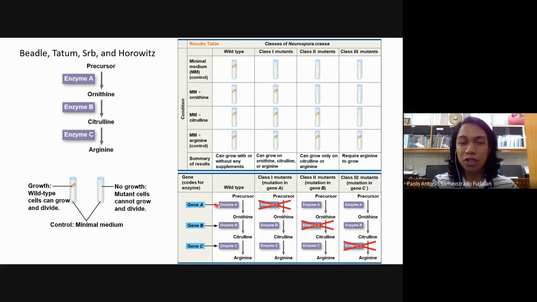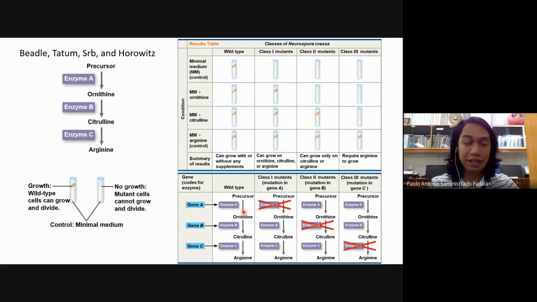And because those genes are destroyed, the enzyme, which is a protein that they're supposed to be making, is also not present in those mutants. So you can analyze it that way. So a gene dictates for an enzyme. So during their time, their conclusion was that one gene is for one enzyme.